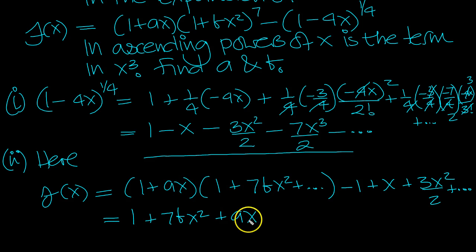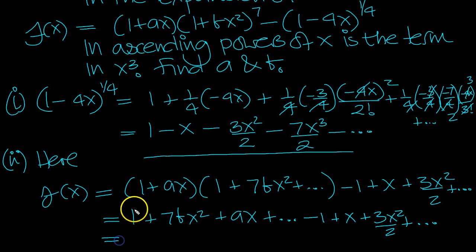We don't need to worry about the x cubed, we're only writing down the x and x squared and constant terms, plus dot dot dot, plus a minus 1, so let's put minus 1 in, minus 1 plus x plus 3x squared over 2 plus dot dot dot.